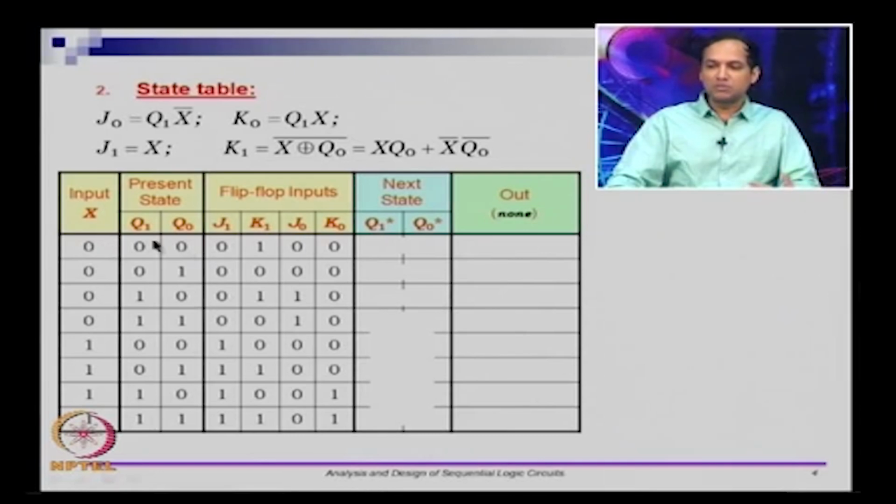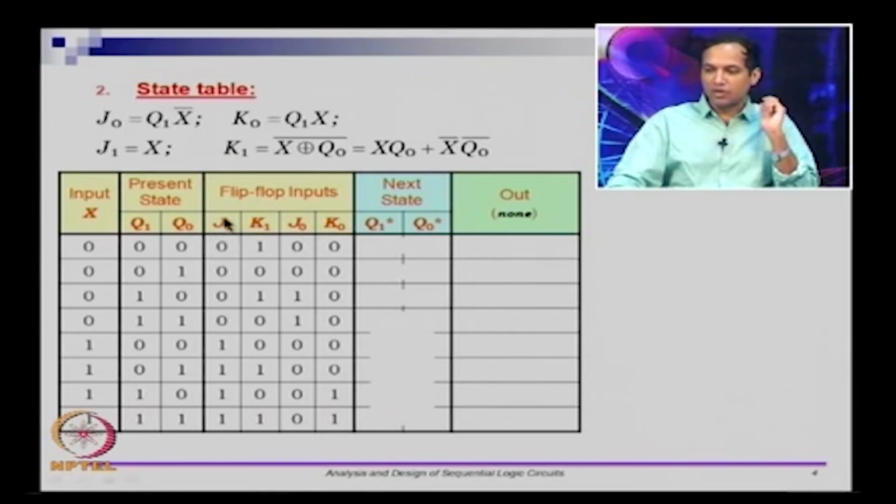There are 3 inputs, which means there are 8 combinations. So these are 8 combinations, and if you go and look at what the output of the next state logic is, the next state logic actually drives J0, K0, J1, K1 based on Q1, Q0 and X. So based on these 3 inputs you derive J1, K1, J0, K0.